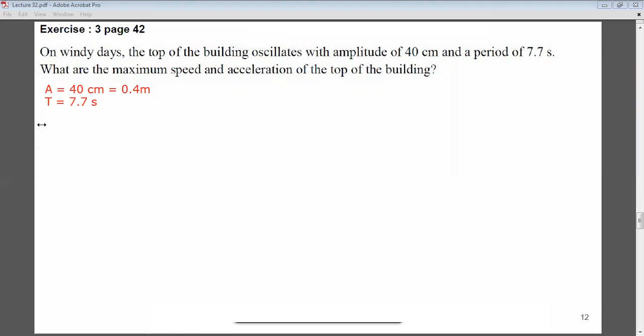Here I have to remember that V maximum is equal to omega A, and A maximum is equal to omega squared A. What is omega? Omega is 2 times pi times f, times A, which is the amplitude.